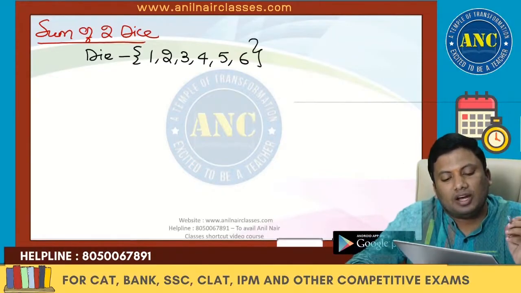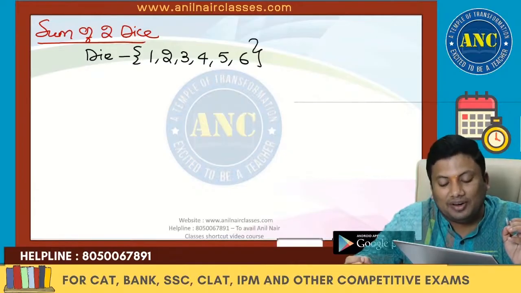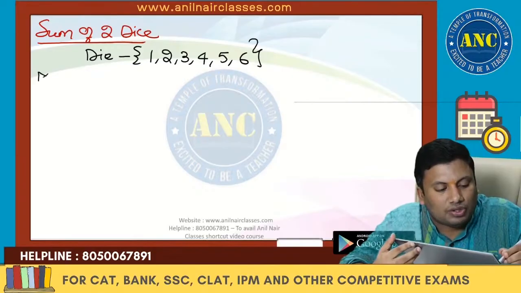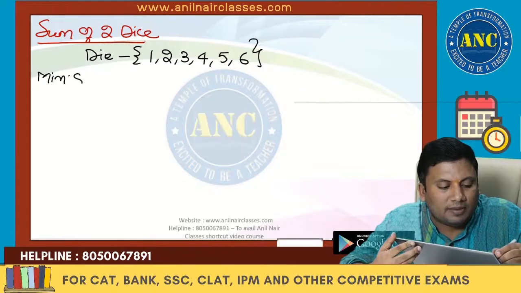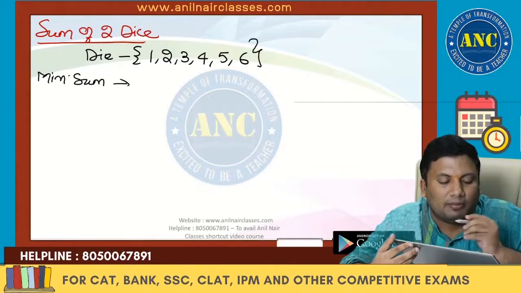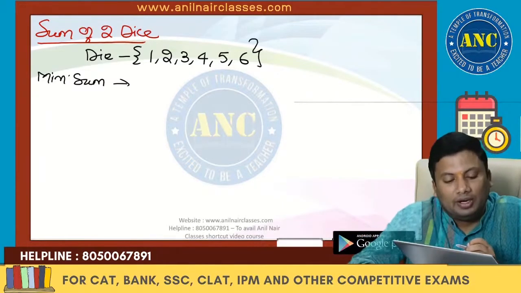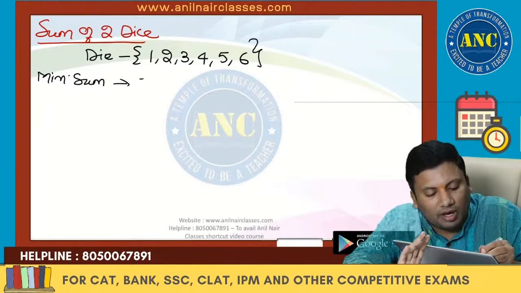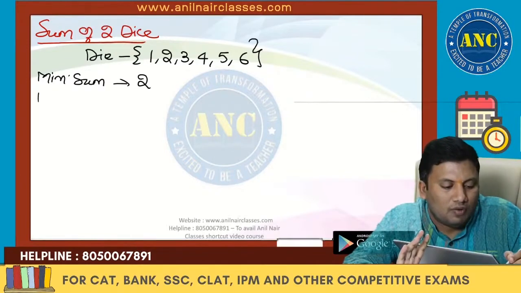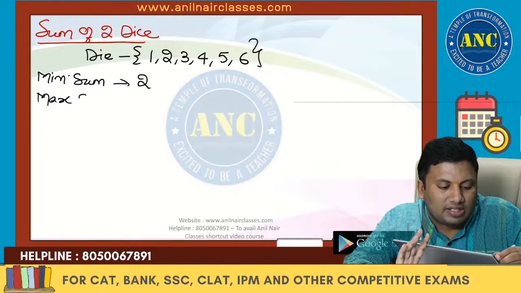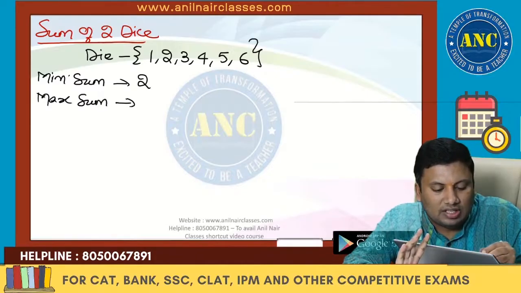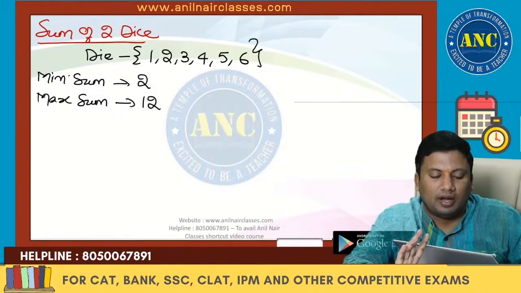The lowest value of the die is 1. The highest value of the die is 6. If I roll 2 times, what is the minimum sum? The minimum sum is the minimum value in a die added 2 times. 1 plus 1 is nothing but 2. What is the maximum sum? The maximum sum is 6 plus 6, which is 12.